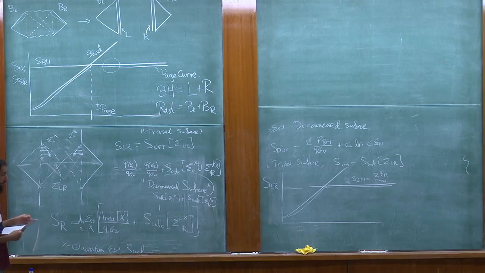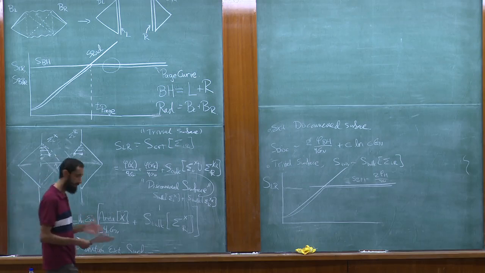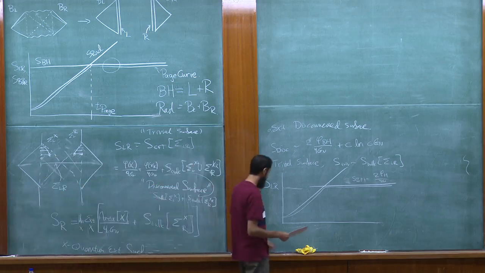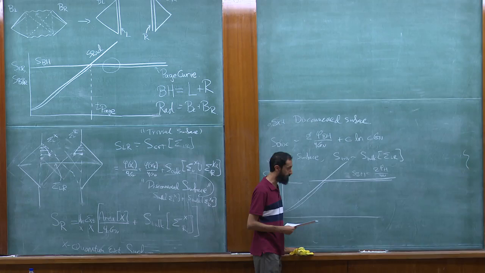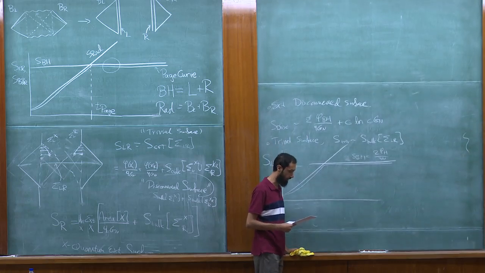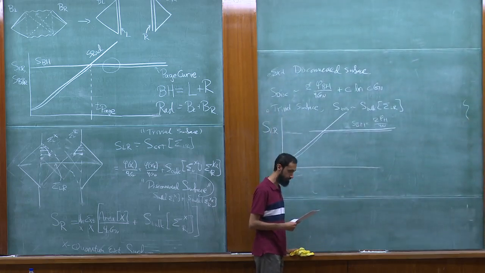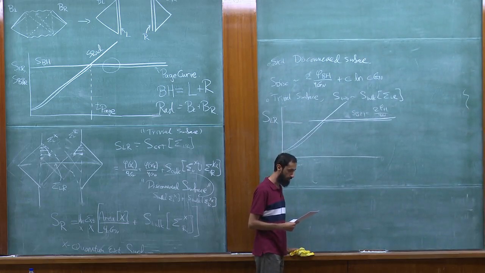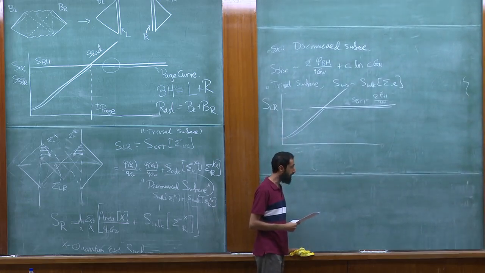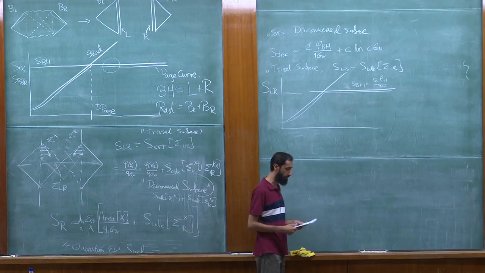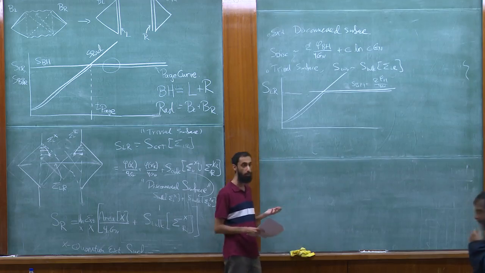Okay, and we computed the entropy of the bath, and we got the wrong answer. So we did two calculations. One gave us the right thing, the other one gave us the wrong thing. And so we have not, quote unquote, solved the information paradox, at least yet. The idea now is that we need a context in which the entropy of the bath can be computed using holography, right?